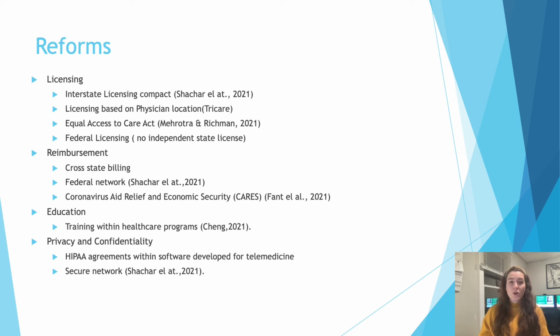Privacy and confidentiality needs to be reformed to make patients and providers more comfortable. There can be HIPAA agreements as part of the software developed for telemedicine.